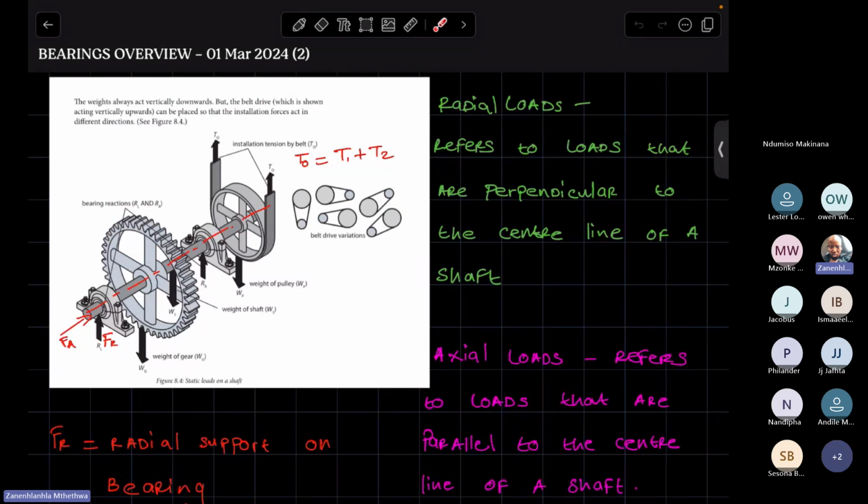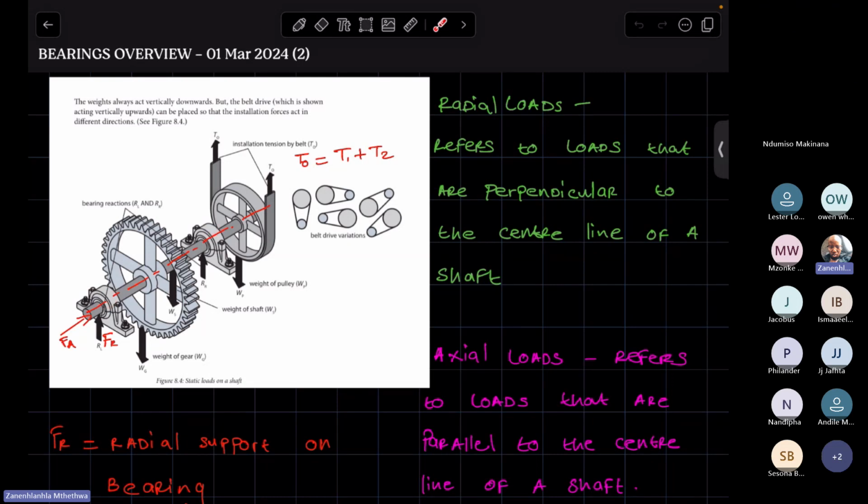You would have a shaft fitted with a gear wheel, and sometimes it is also fitted with a belt drive system. When it is fitted with a gear wheel, or subjected to any kind of load, that is why we need bearings.